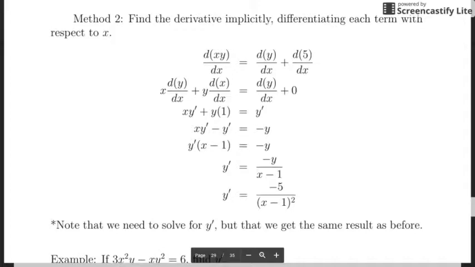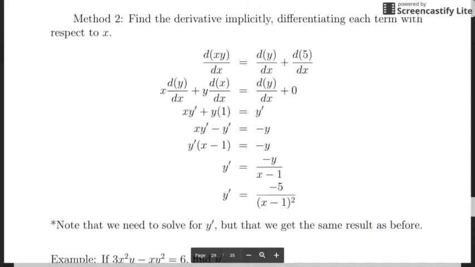I'm trying to show you that the results are the same. I know that y is going to equal 5 over x minus 1. And so when I put that back in, I get negative 5 over x minus 1 squared, which is exactly the same as what I had before. So notice that we need to solve for y prime, but that you do get the same result as before.